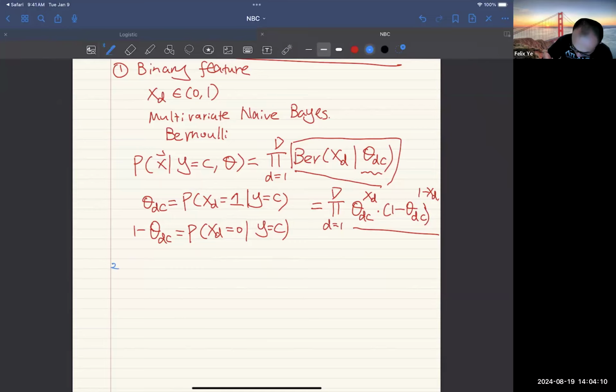The second thing that we can do is categorical features.